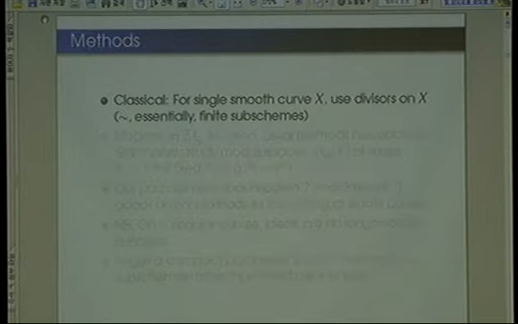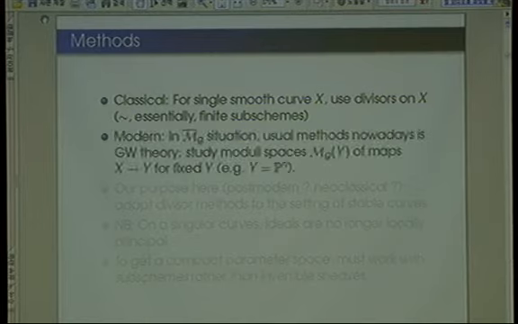Okay, now what about methods for studying these objects? The classical method, as long as you're interested in a single smooth curve, is to study divisors on X, or what is essentially the same thing, finite subschemes or line bundles. All those things are equivalent to each other. But when it comes to M_g bar, you're studying singular curves.